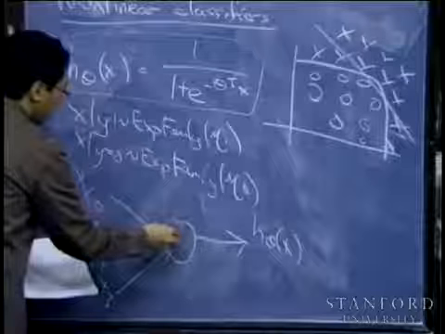The second intuition that I want to convey: for the rest of today's lecture, I'm going to assume that the training set is linearly separable. By that I mean there is indeed a straight line that can separate your training set, and we'll remove this assumption later.